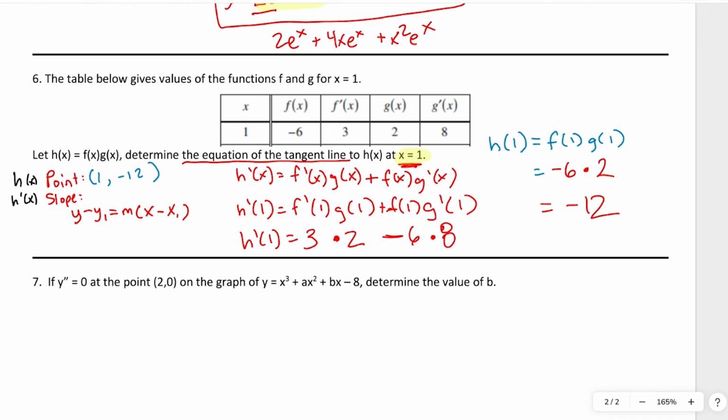Okay, yeah, this will be a lot easier to do. 6 minus 32. No, not 32. 48. It's going to be negative 42. Okay, so that's the slope.